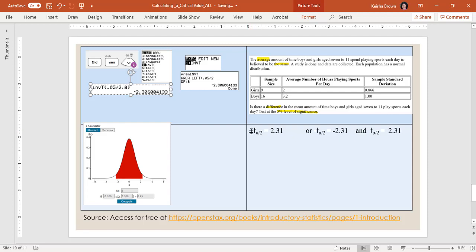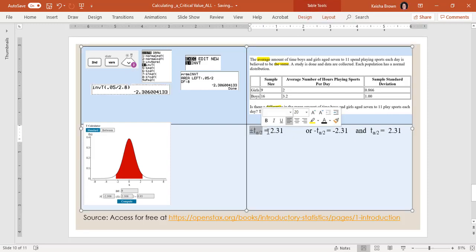So you can see it written as plus or minus this value, depending on how your problem is set up. Or they can have you write your answer in two separate terms. So you can have your negative t sub alpha, that's a negative 2.31. You have your positive t sub alpha, that's a positive 2.31.